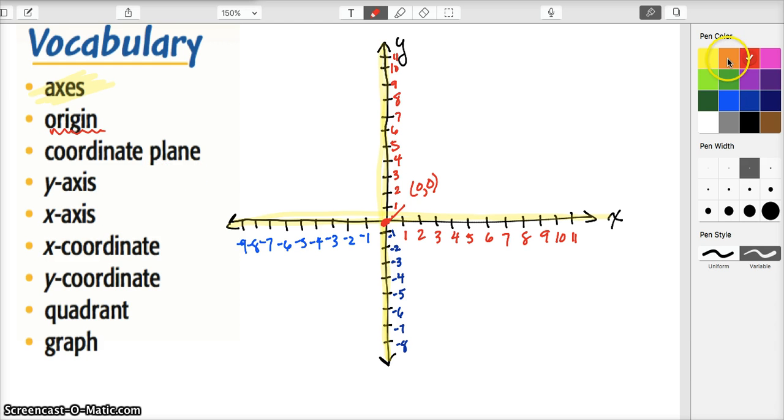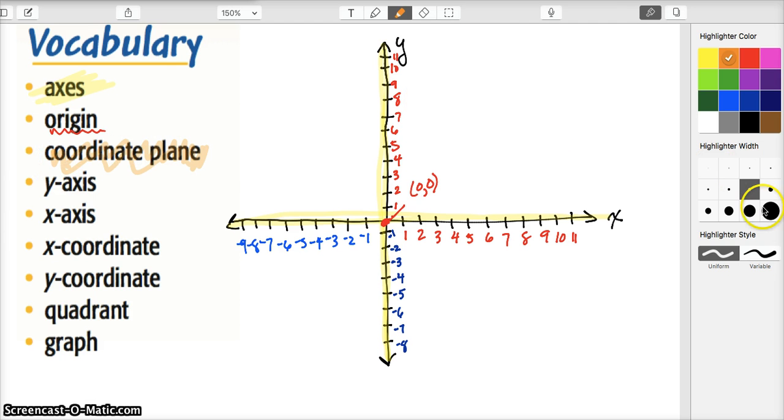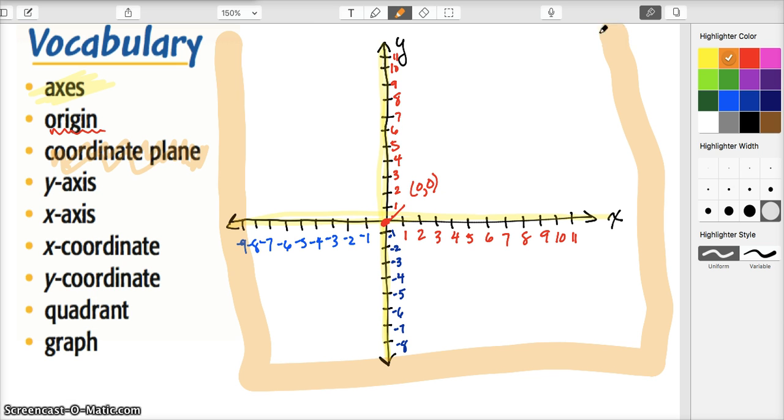This whole thing, this whole drawing, is called the coordinate plane. And so I'll just go around and put a box on this whole thing. It's called the coordinate plane, and it doesn't end. It goes on forever and ever, infinitely in each direction, and that's why I've got the arrows there. So that's our coordinate plane.